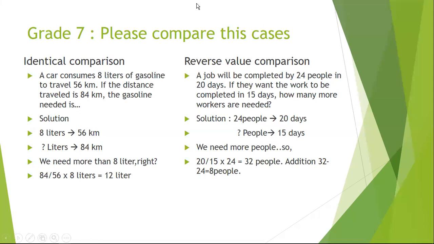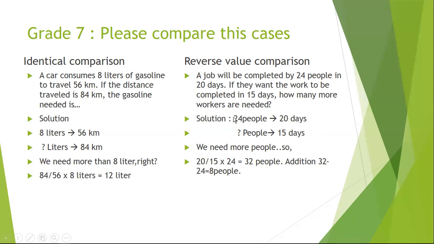Have a look. Usually reverse value comparison is related to time, to days, to period. So here, look at the example. A job will be completed by 24 people in 20 days. If they want the work to be completed in 15 days, how many more workers are needed?